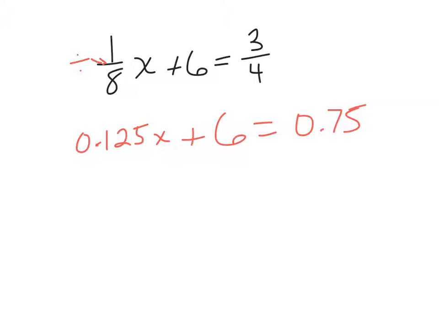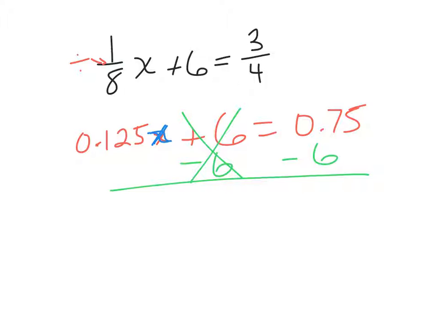So now we can do the same thing to get x by itself. Remember, here's our x, so we want to get that by itself, so as we usually do, I'm going to go ahead and subtract 6 from both sides. That's going to leave me, canceling out those 6's, with 0.125x is equal to negative 5.25.